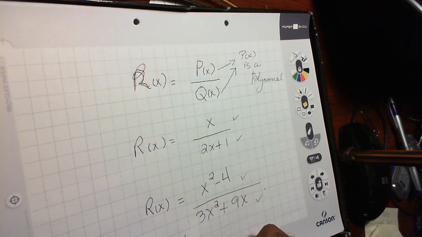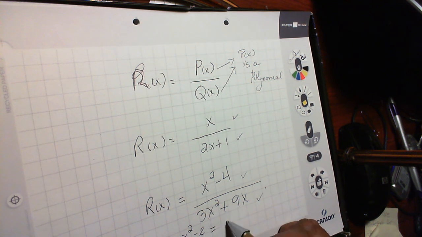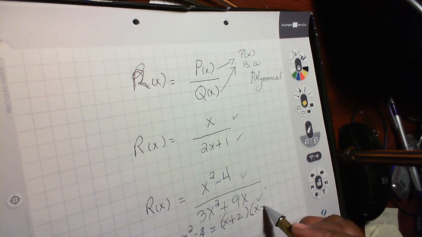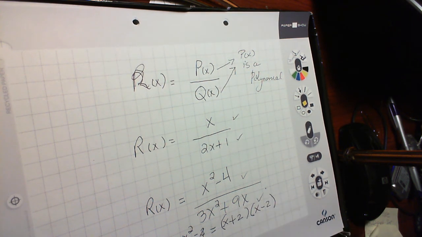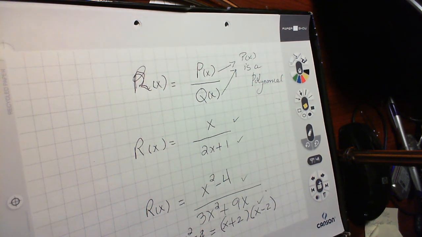Let's look at the top. The top is x squared minus 4, which we can factor as x plus 2 times x minus 2, since it's the difference of squares. Divided by 3x squared plus 9x.